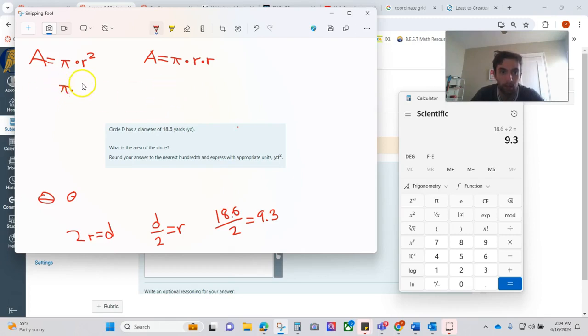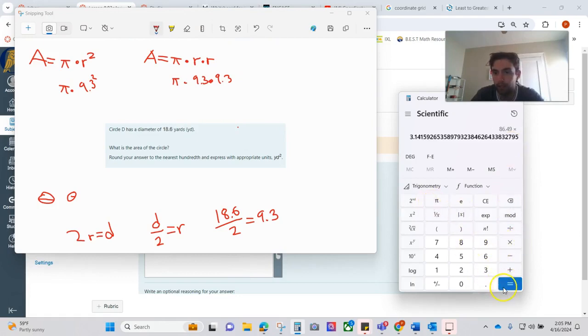Pi times 9.3 squared, or pi times 9.3 times 9.3. So 9.3 squared is 86.49 times pi.